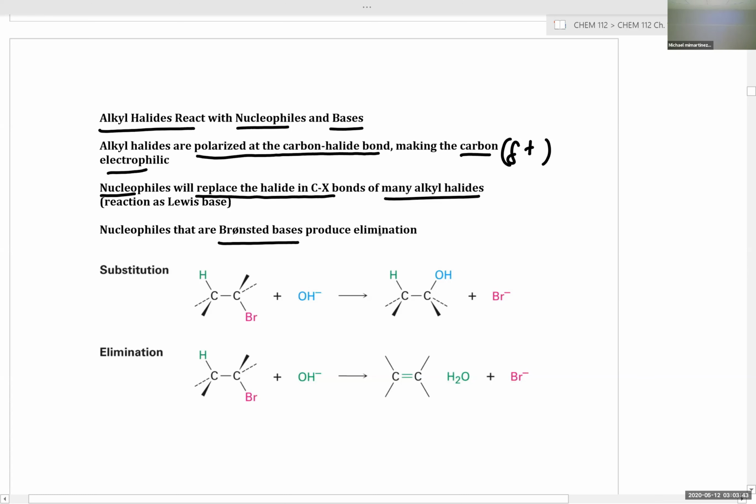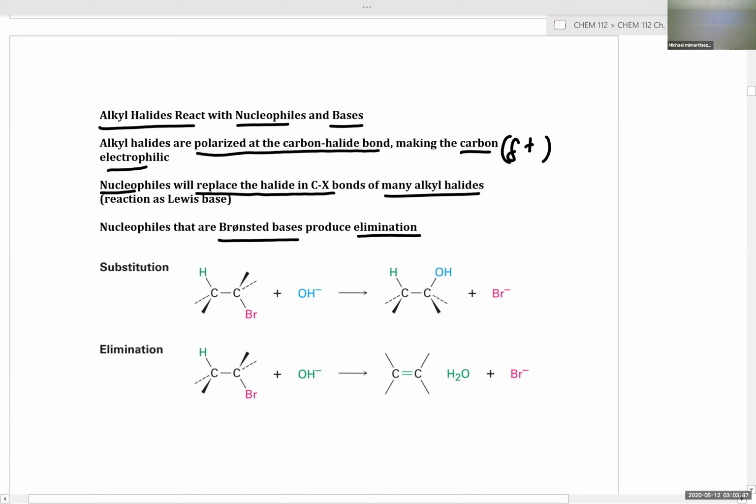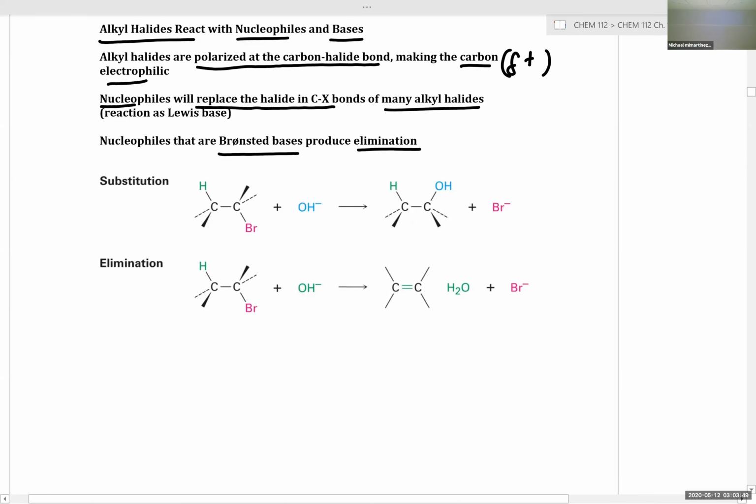Nucleophiles that are Bronsted bases produce elimination. So our two main pathways for alkyl halides are substitution, where we replace our alkyl halide with a nucleophile, or elimination, where our base removes a proton and we eliminate our halide.